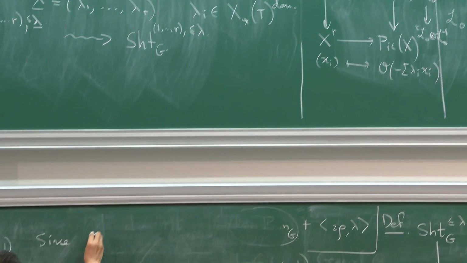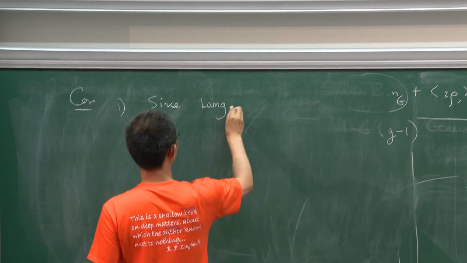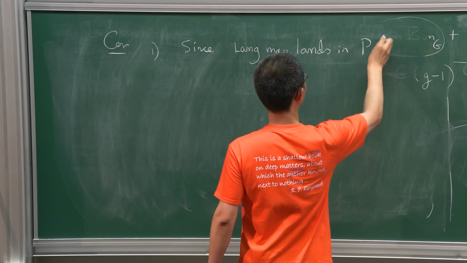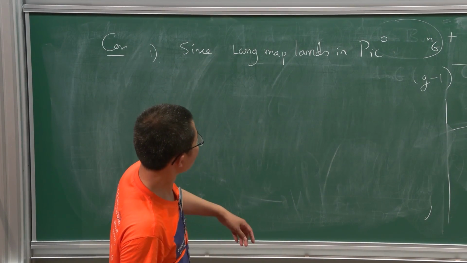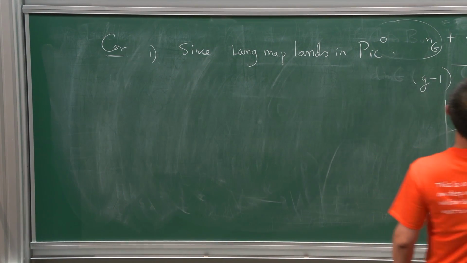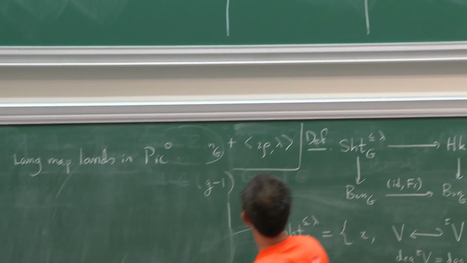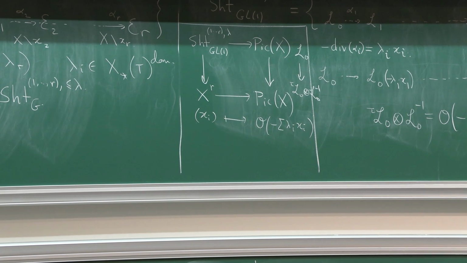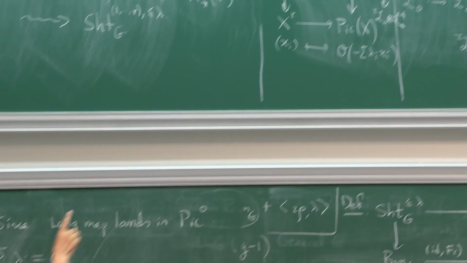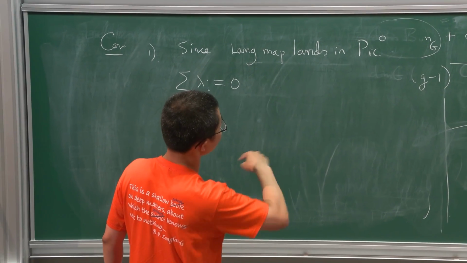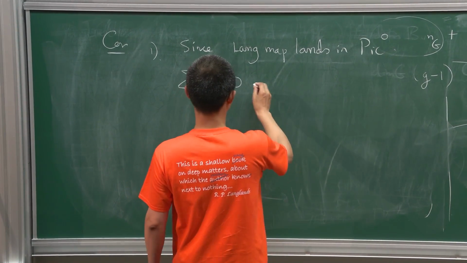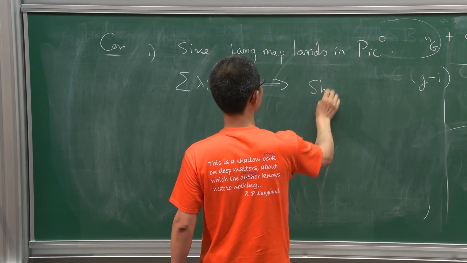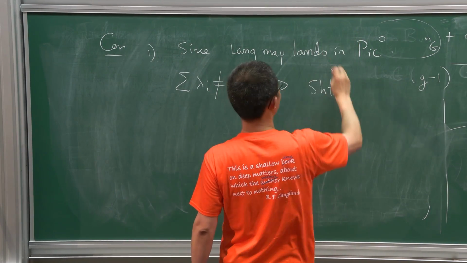So since this Lang map lands in Pic 0, it will not meet the image of X to the r unless the sum of the coefficients is equal to 0, unless you make up a degree 0 divisor, which would land in Pic 0. So if this sum is not equal to 0, then we conclude this fiber product is empty.